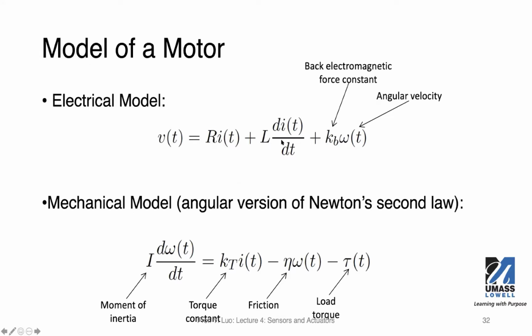This di/dt is the change in the current, and this K subscript b is the so-called back electromotive force constant. That's due to the coil: when you turn the coil inside the magnetic field, it actually generates the opposite current, like a generator. So that's the effect of the back electromotive force.